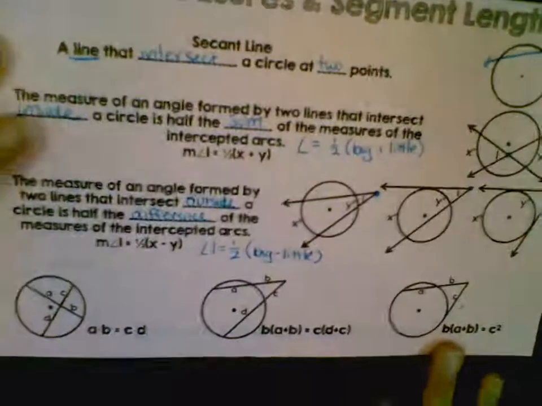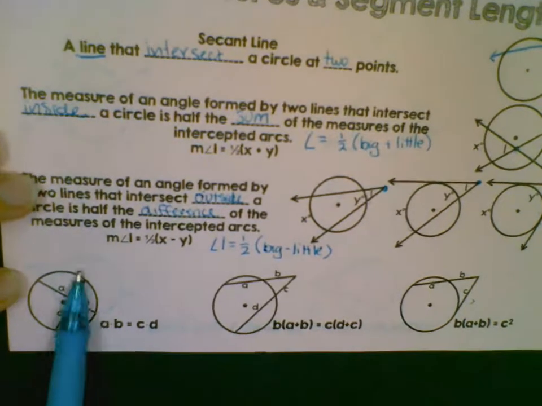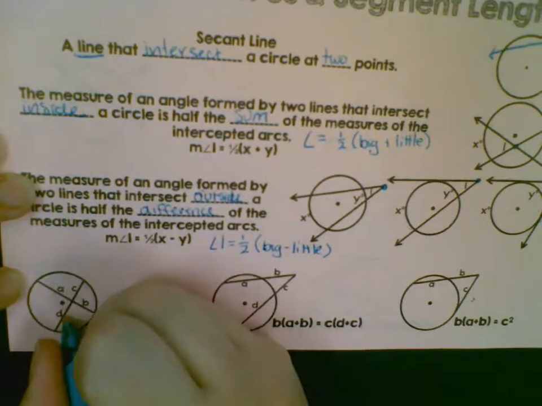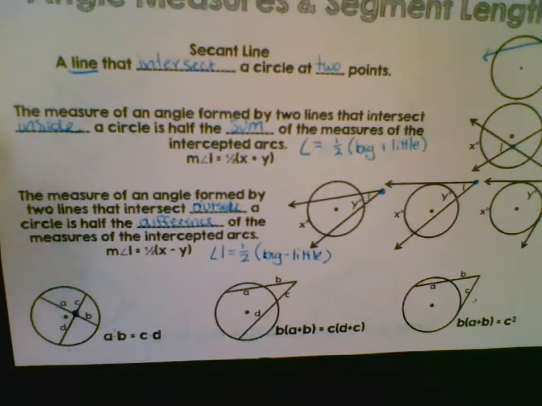Okay, and then the last three have to do with the segments, the lines, instead of angles. If we have two lines that intersect inside, these are two chords, so it meets inside, then we just multiply the pieces that are on the same line and they equal each other.